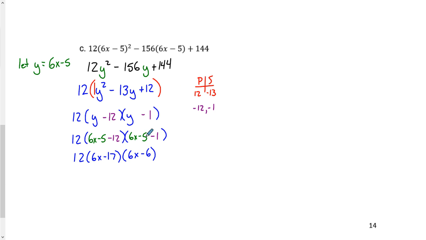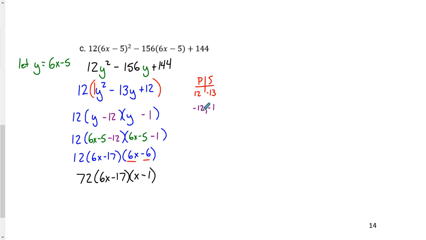Well, we're not done because there's something common between a 6x and a 6. I can factor out a 6. So when I factor out that 6, I get 72. That first term isn't going to change, but this second binomial will. And this is completely simplified. There's nothing common in any of these binomials anymore.